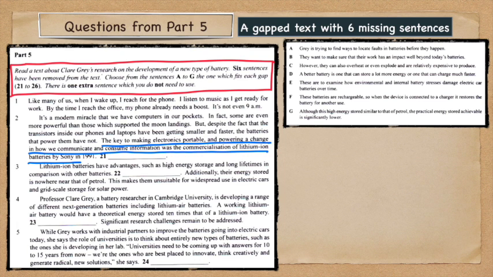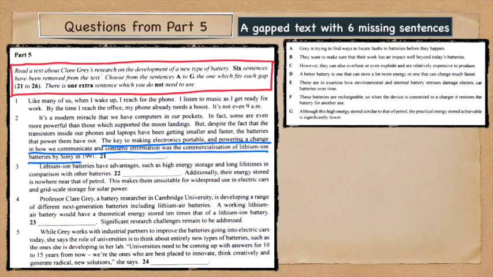So here they're talking about the lithium-ion batteries. So if you look at the options from A to G, which one do you think mentions lithium-ion, or mentions the function of lithium-ion?